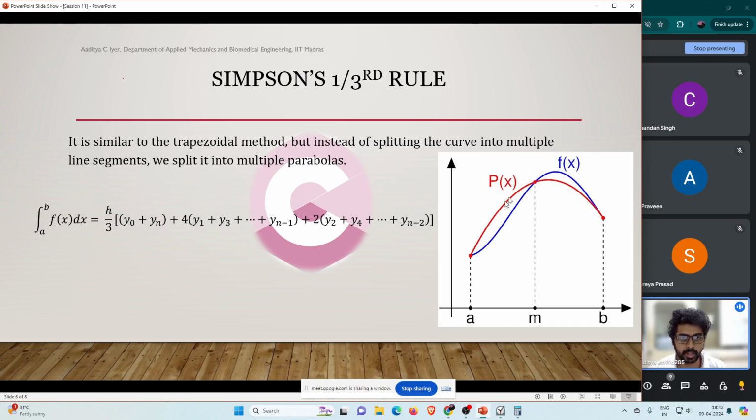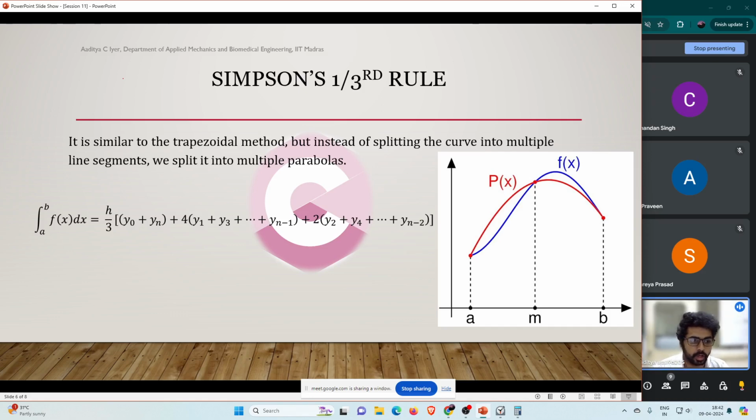The area of a parabola I know more or less, so I will not go into the details of the derivation, but I will just tell you the formula directly and one condition that has to be followed. The main condition is that the number of segments has to be even.